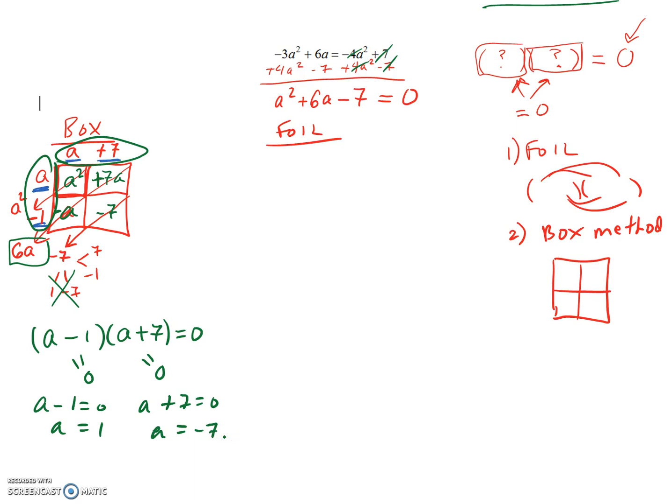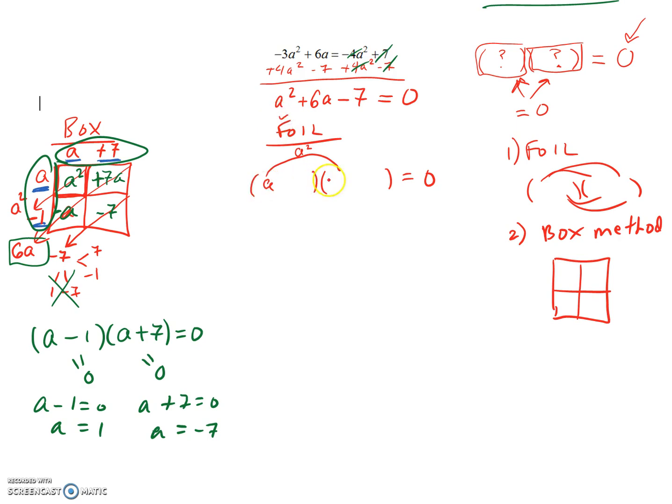The FOIL method is really the same thing. It's just guess and check. What I'm going to look at here, if you want to stick to the actual acronym of FOIL, I know that this is giving me my first term, meaning the a squared term. So what times what will give me a squared, my first term in FOIL?